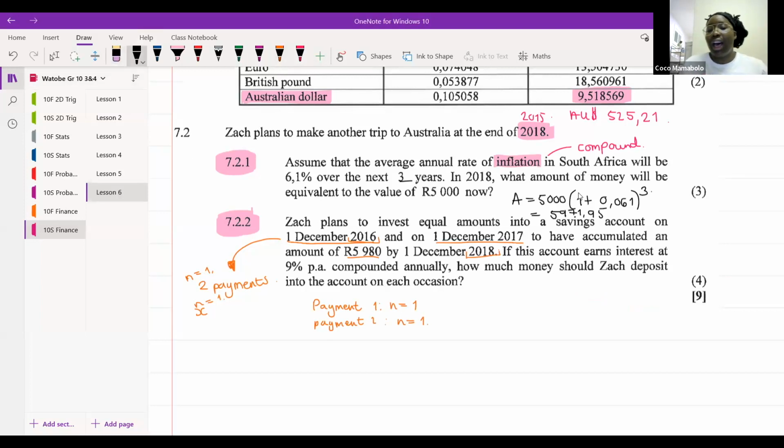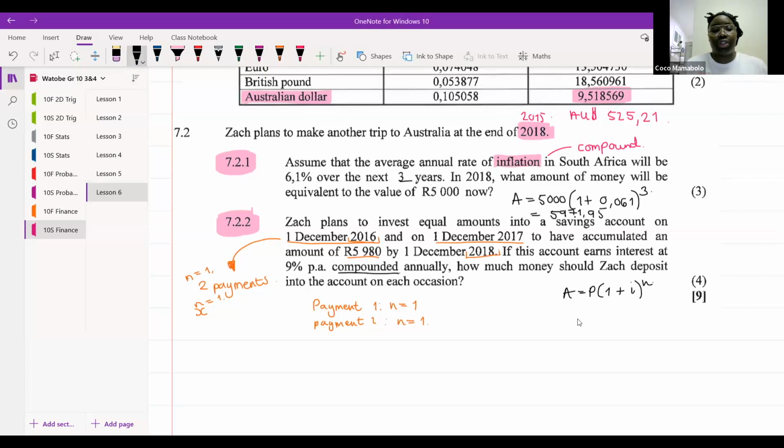5,980. So I know that they say that this thing is compounded annually. So I know I'm going to use the compound interest formula. A is equal to P times (1 plus i) to the power of n, right? So let's start with year 1. Remember, we're going to put all of these things together, right?